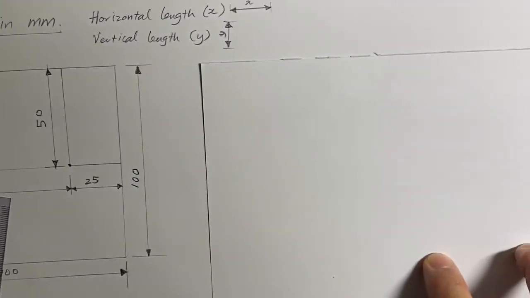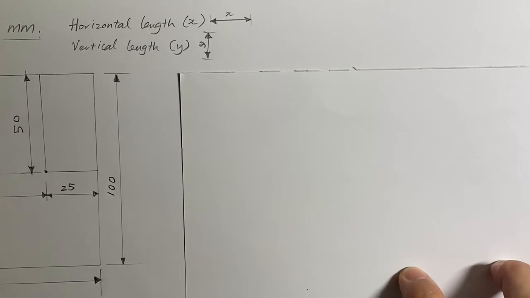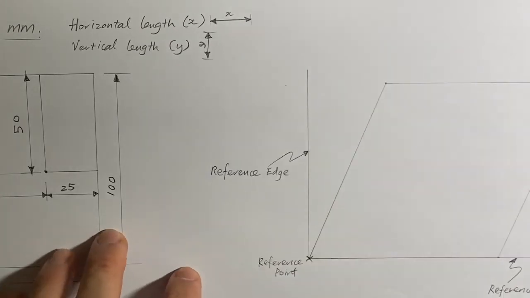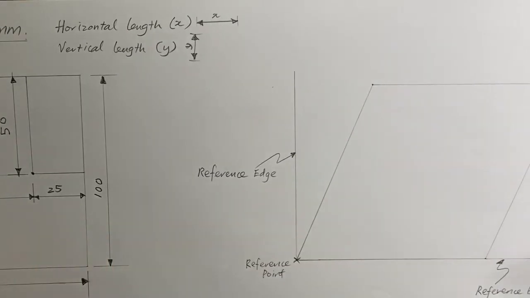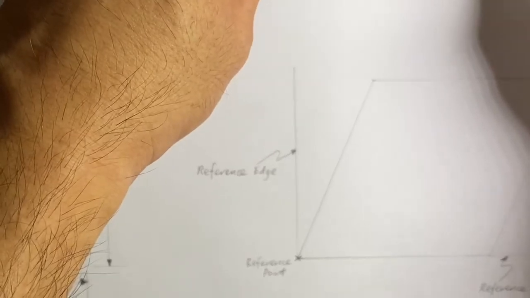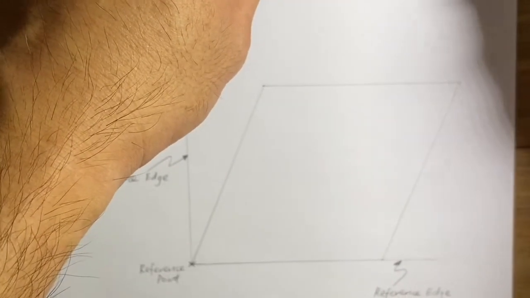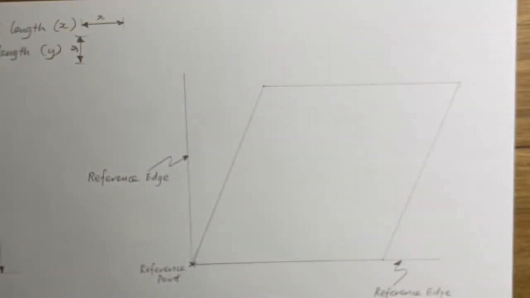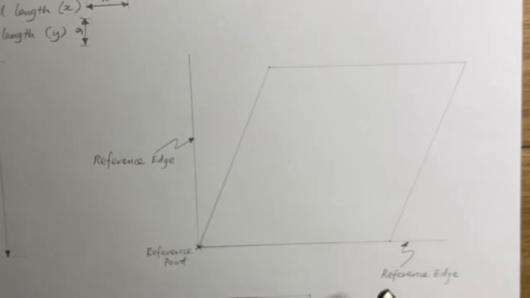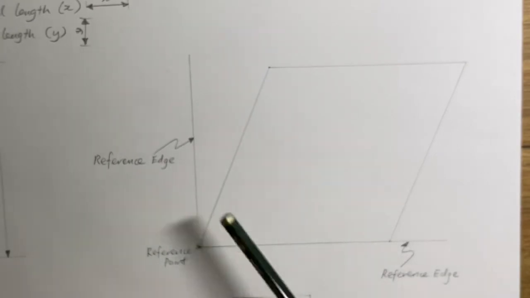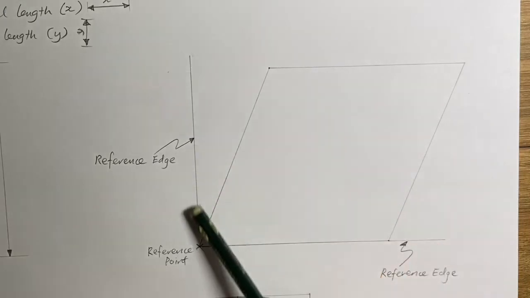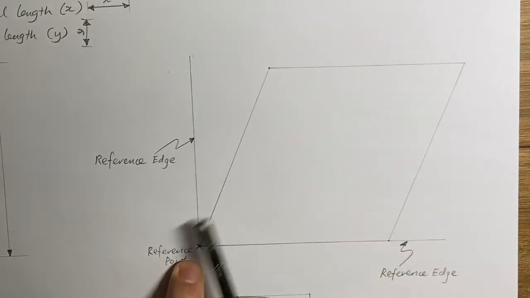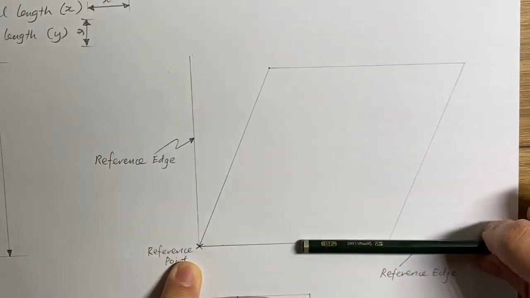Now if I were to dimension a shape like this, for example a parallelogram. Let me shift the camera a little bit. Right, now we will need to learn sometimes a few other things. For example, other than the reference point, we can talk about a reference edge.